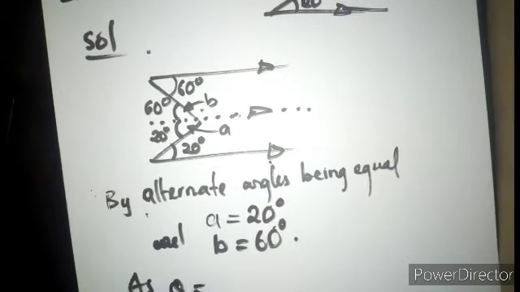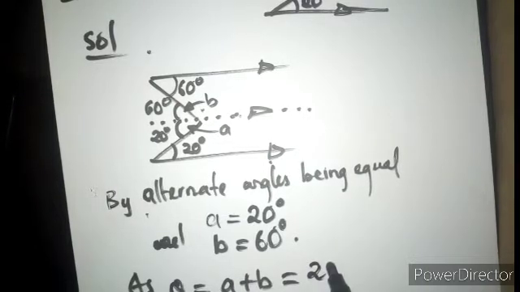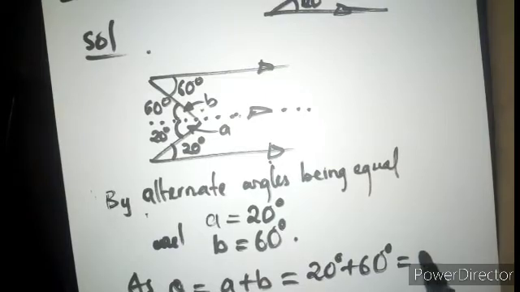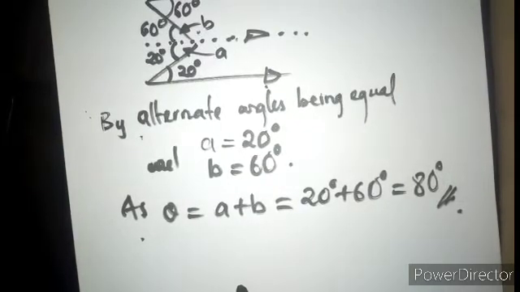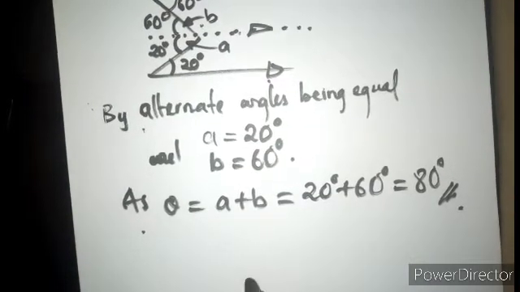And as theta is actually A plus B, we have 20 plus 60, which is 80 degrees. And we are done with question 1.